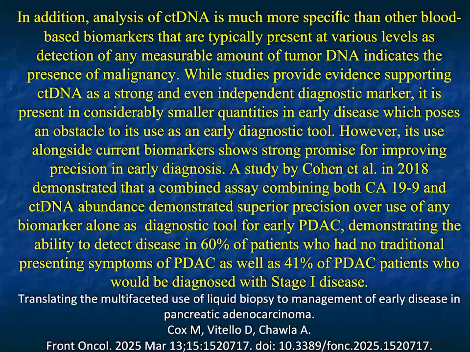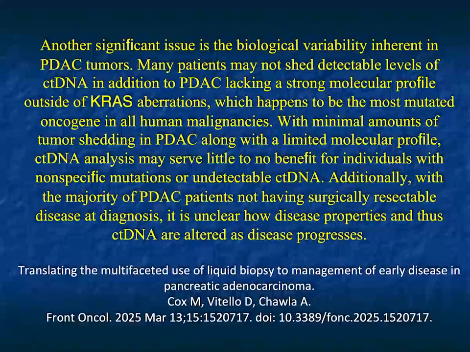So you can see, if you can do this better, you're picking up early disease, which is treatable. Stage 1 pancreatic cancer has a 60 to 70% survival, not an 11 or 12% survival. So again, the question is, how can we do this?